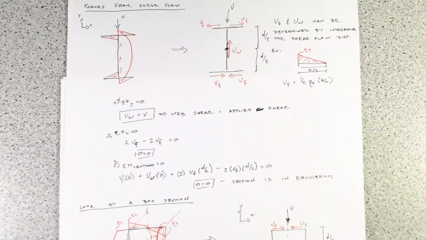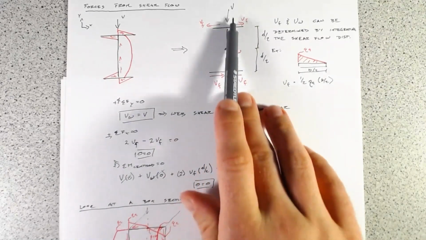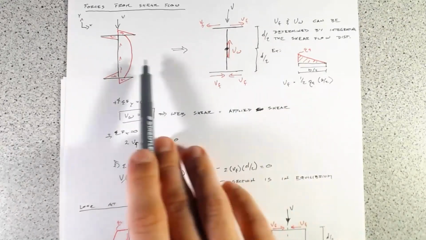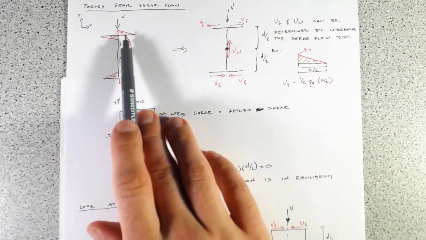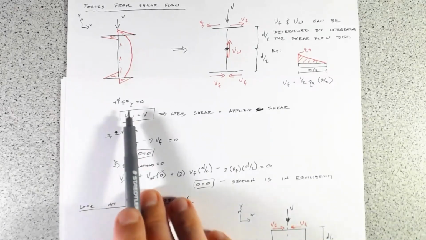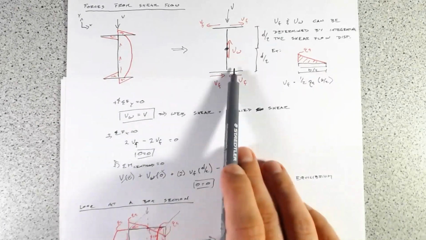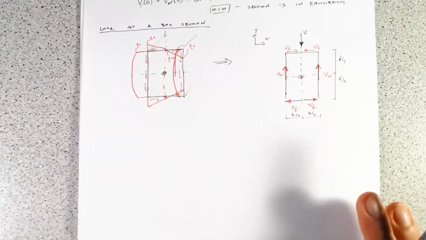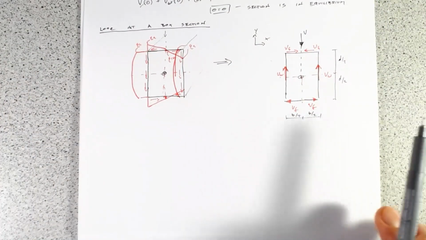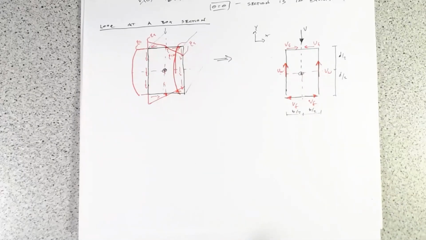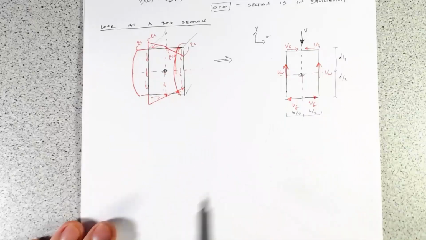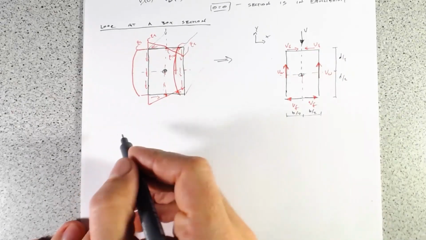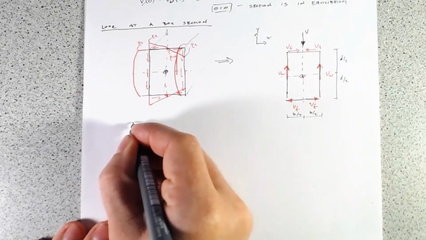For example, like for an I section, because we've got to be in equilibrium, we can either work out what this is, integrate underneath there, or we can just see that's the only force in the vertical direction, so it has to be pointing up. We'll do a similar thing on the box section because they're equidistant. By symmetry, we know they're going to be the same. So let's sum our forces in the y.